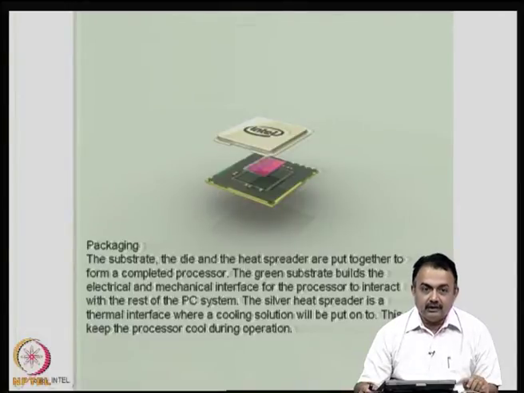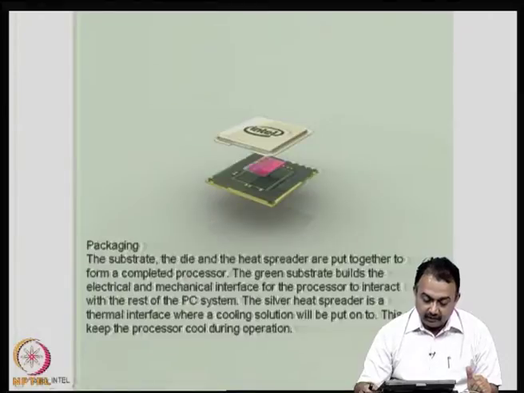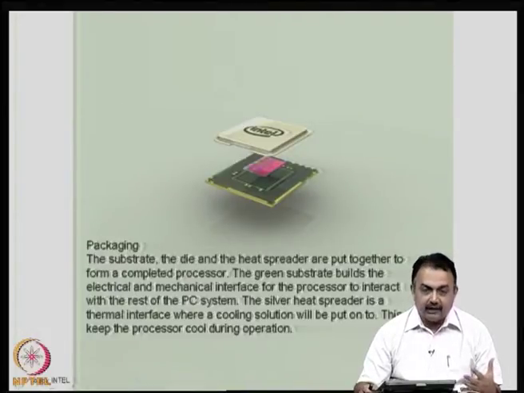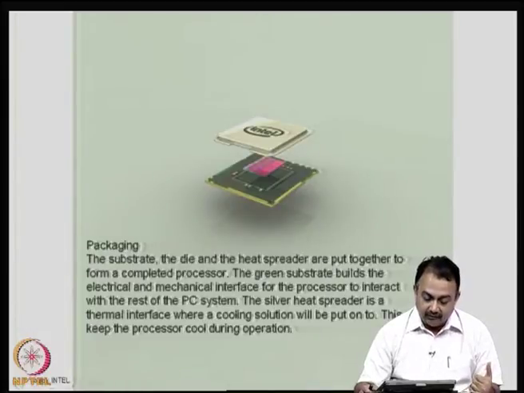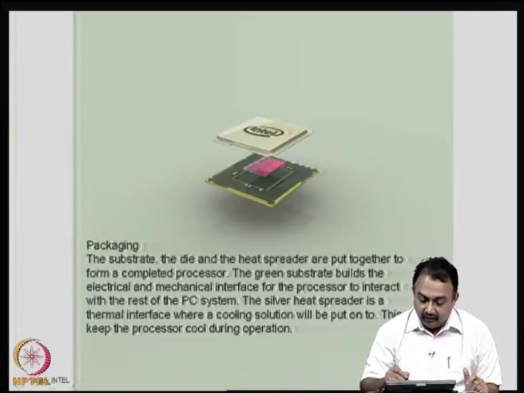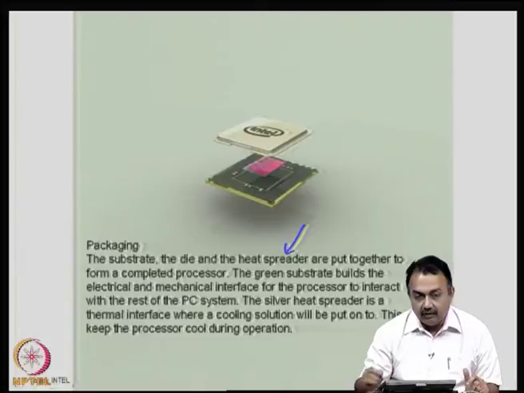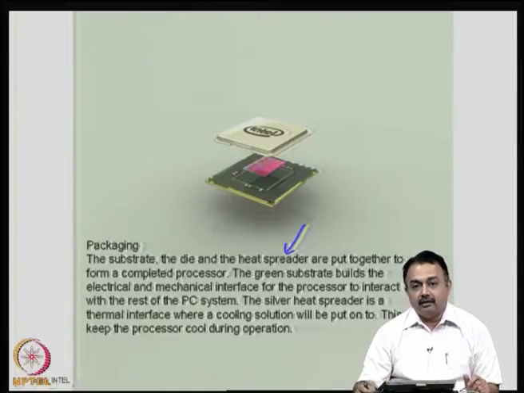As I have told you, these have come to me from Intel, who gave permission to use these figures. If you look at the packaging part of the back end process, it involves a substrate, it involves the die, and in some cases you may have to use a heat spreader. Why do we use a heat spreader?